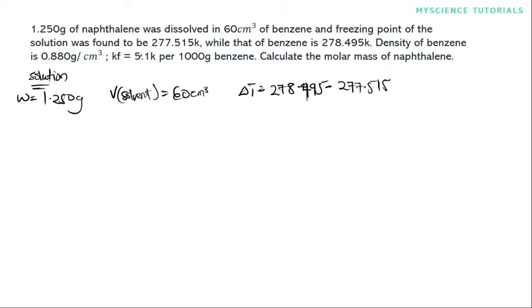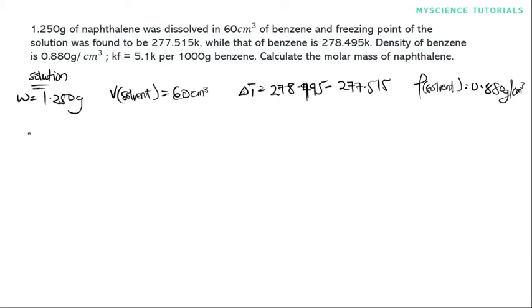Now, okay, let's see what else we have. The density of the solvent is 0.880 gram per cm³, and we were given Kf, so we have to calculate the mass of naphthalene.